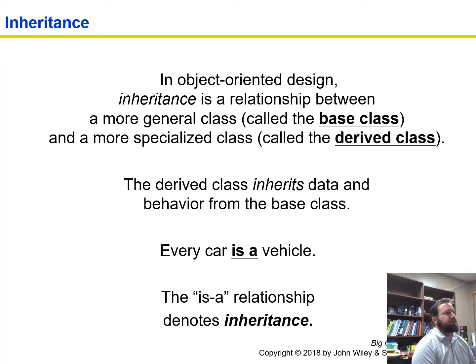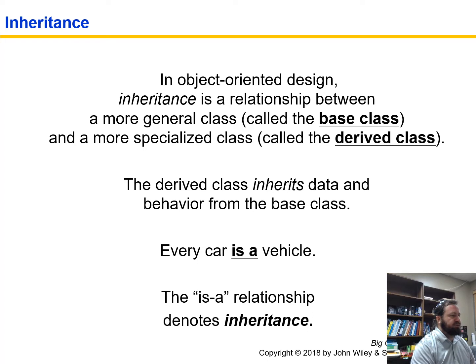Another is that shape would be called a parent class, and circle and square would be called child classes. The derived class, the child class, the subclass inherits data and behavior from the base class. So every car is a vehicle, so it has wheels and it holds passengers and it goes places.